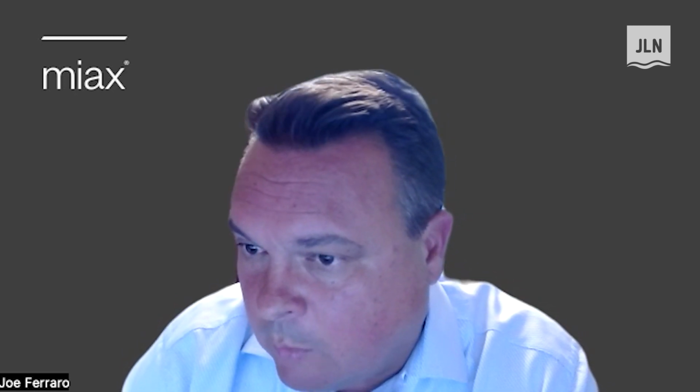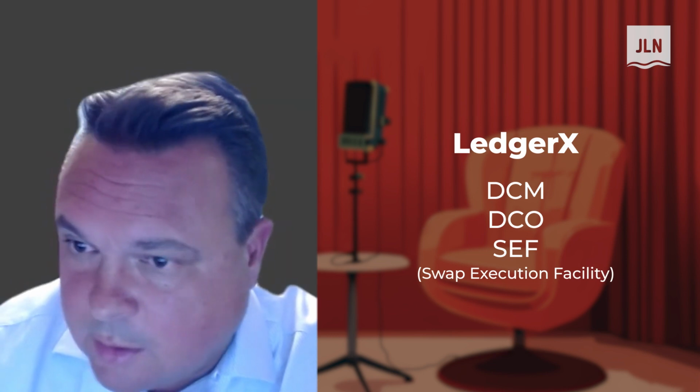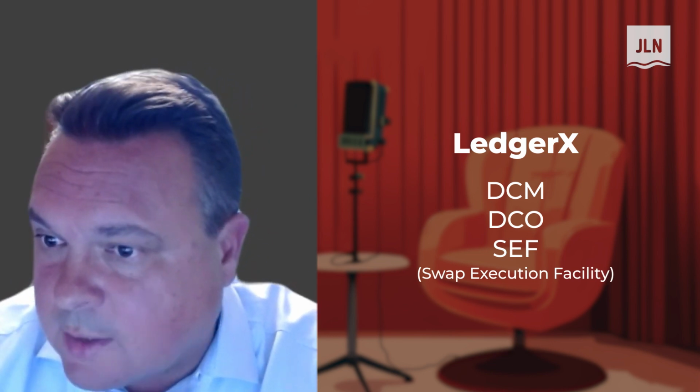We also just recently acquired another asset in this space, and that's called LedgerX. LedgerX operates also as a DCM, also as a DCO, and also as a SEF, a swap execution facility. So it has a broad range of products that it can list and clear on its market.